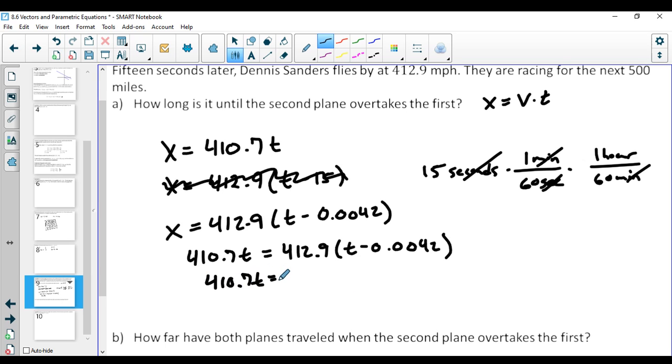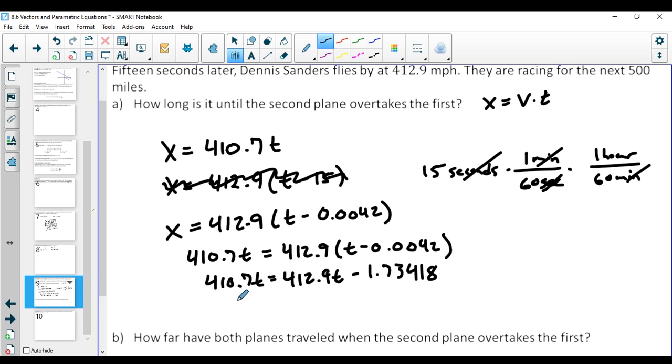And then we just solve for t. 1.73418 is what the book is getting. From here, you guys know how to solve for this stuff.